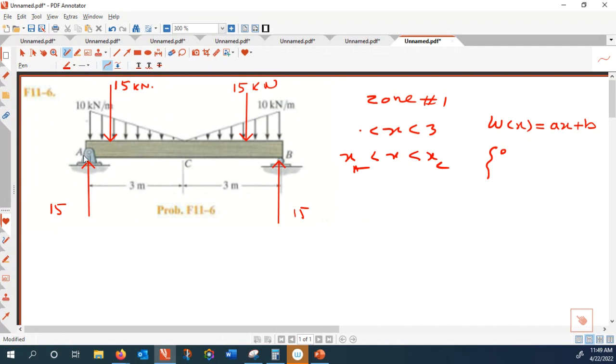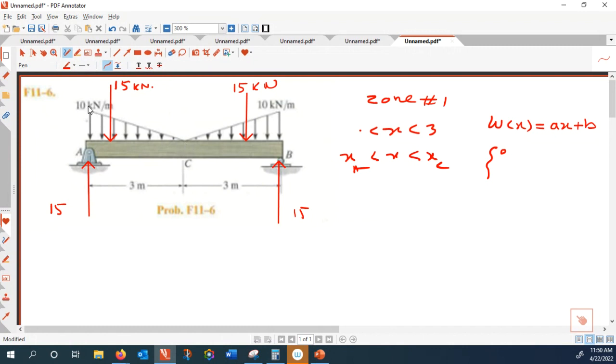No, that is A. I'm talking about zone 1. So at point A, W of x, what is it? No, this is A. So it starts from here, goes to 0.